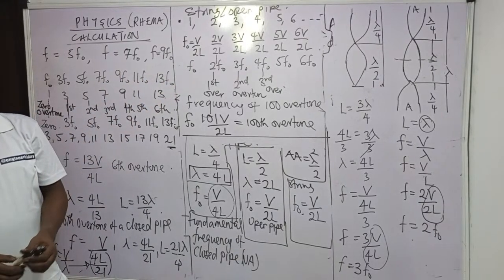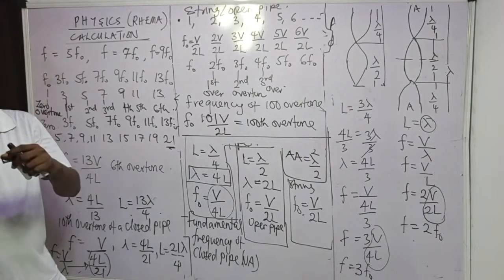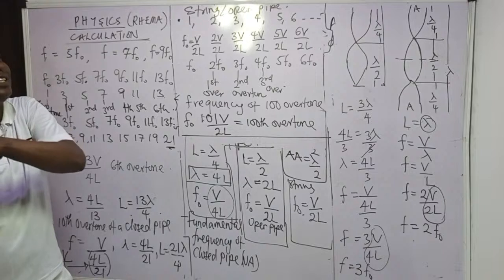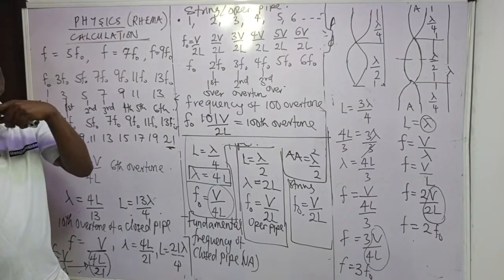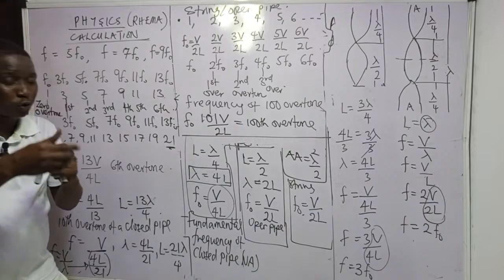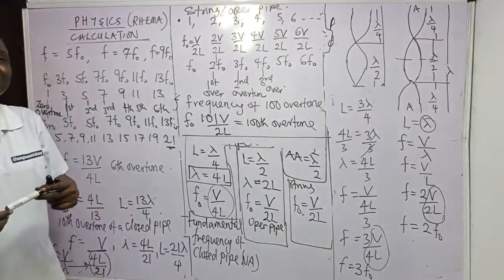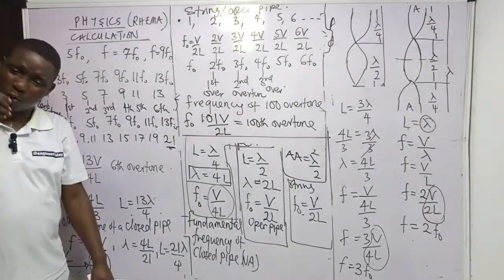So the function of wave, according to its definition, is to transfer energy from one point to another. That is number one. What is a wave? A wave is a disturbance that transfers energy from one place to another.